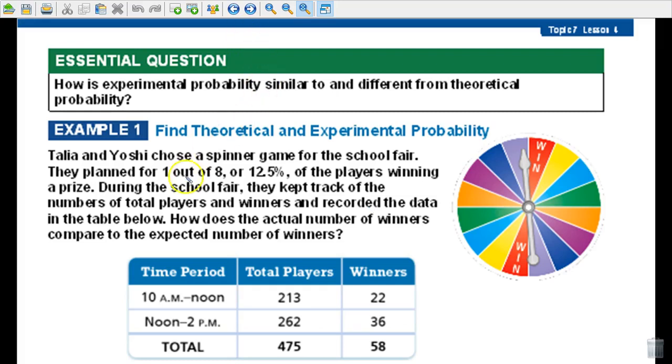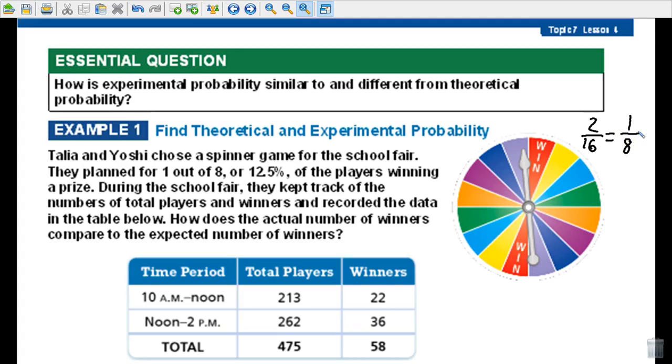Well, they get 1 out of 8. You see a lot more than 8, right? They get 1 out of 8 because there are 16 spots: 1, 2, 3, 4, 5, 6, 7, 8, 9, 10, 11, 12, 13, 14, 15, 16. There are 16 spots, but there are 2 win spots. Therefore that is 2 over 16, and that simplifies to 1 over 8.